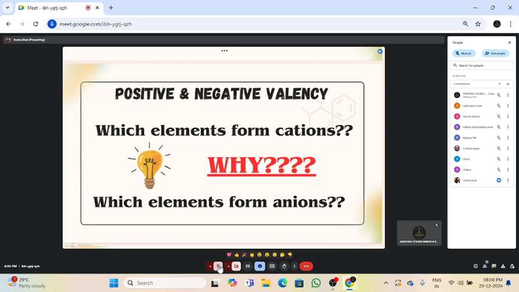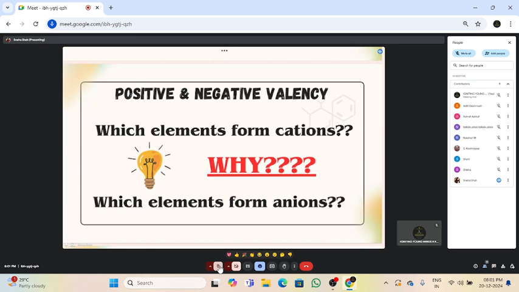When you go through the periodic table, I'll suggest you look at the number of electrons in the metals. In the outermost orbit, they will have either one, two, or three electrons. The non-metals will have five, six, or seven electrons in their outermost orbits.